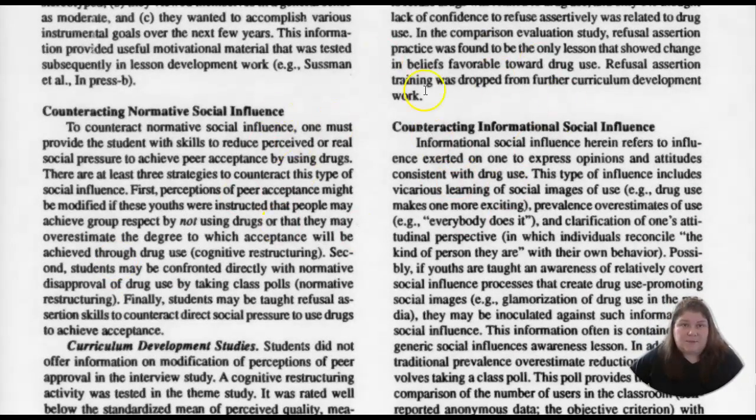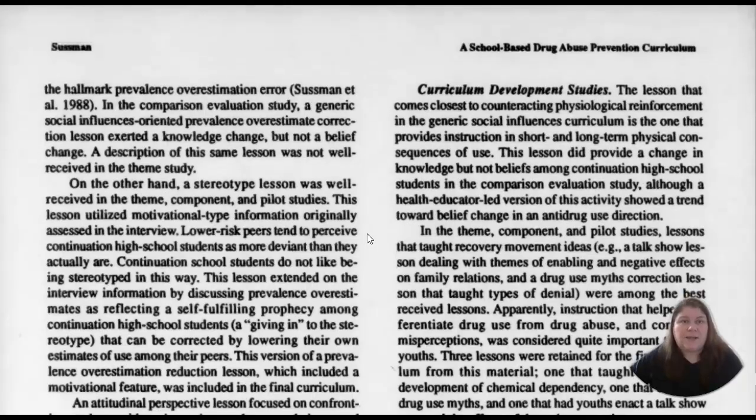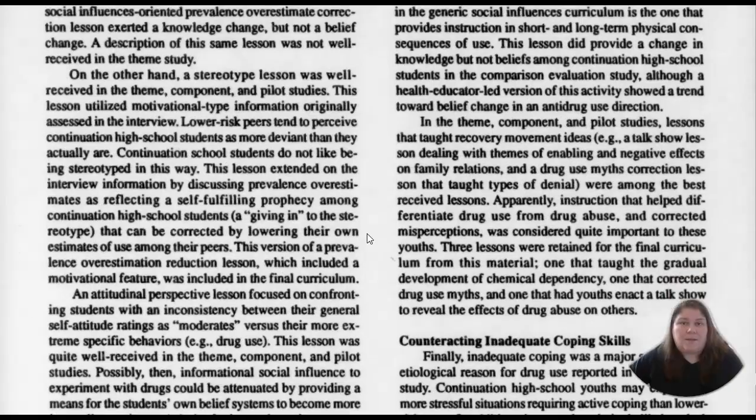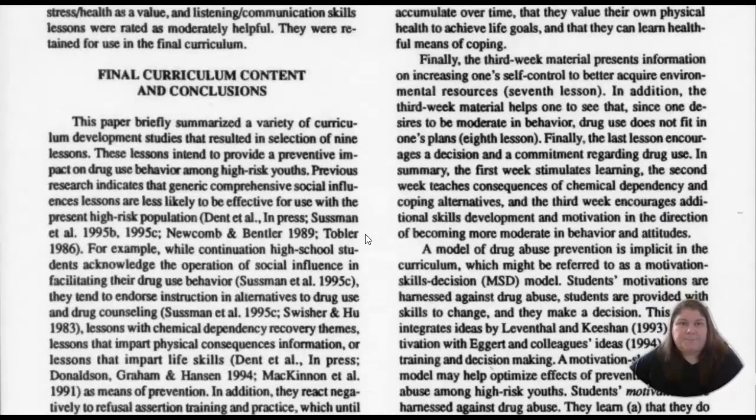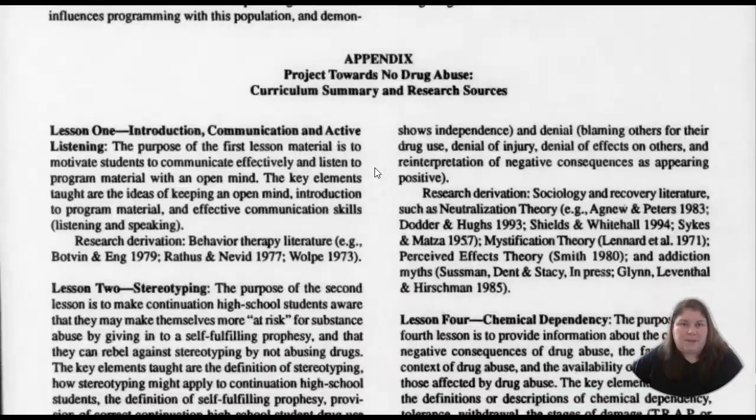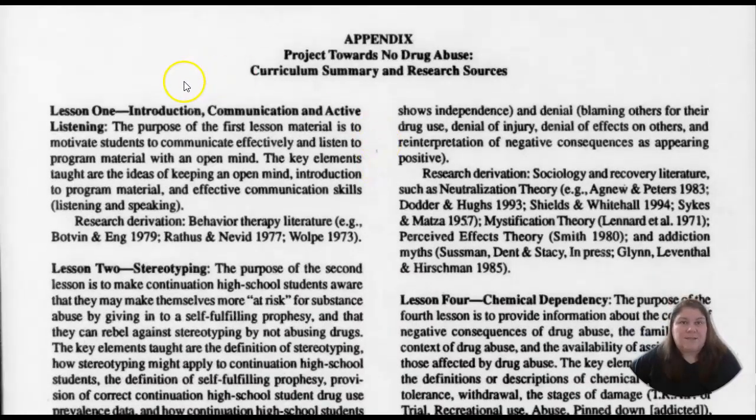He discusses some of the different constructs that were considered, and then he goes on to talk about the final curriculum content and conclusions. So at the end of the paper in the appendix, he describes the curriculum that was established.